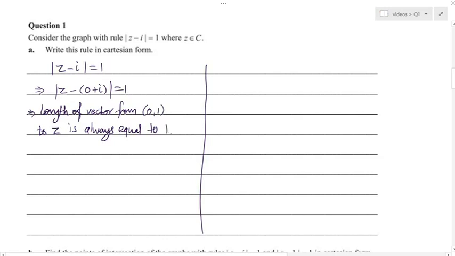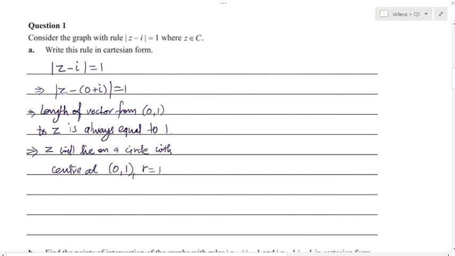Obviously what it means is, I don't need to divide that in two parts because we won't need that much room there, which implies that z will lie on a circle with center at (0, 1) and radius equal to 1.